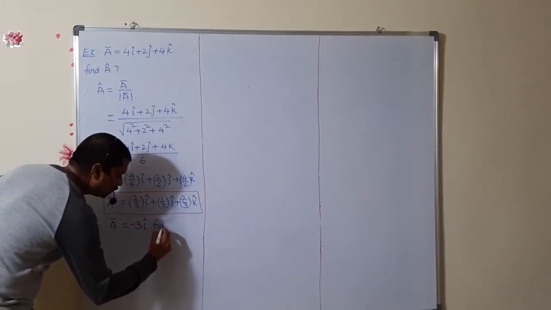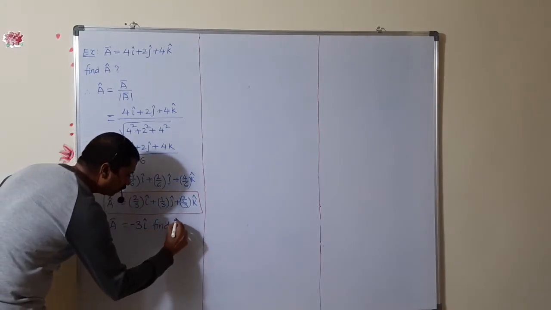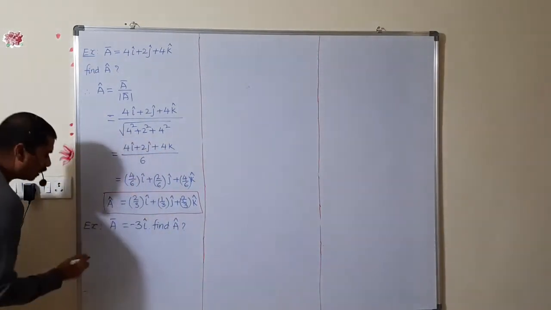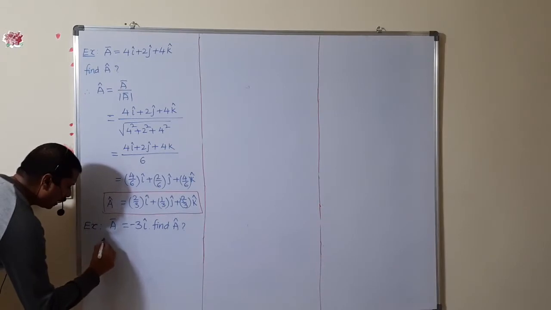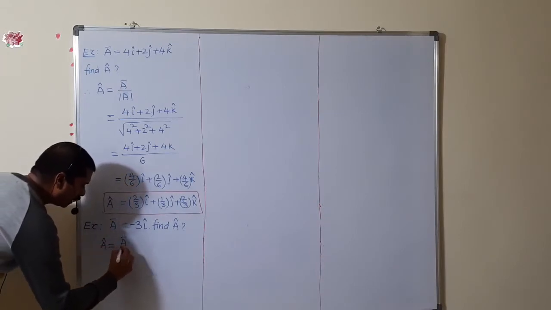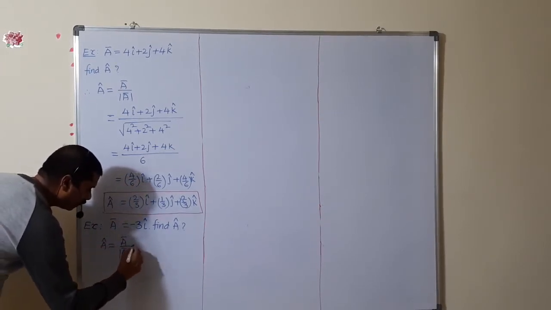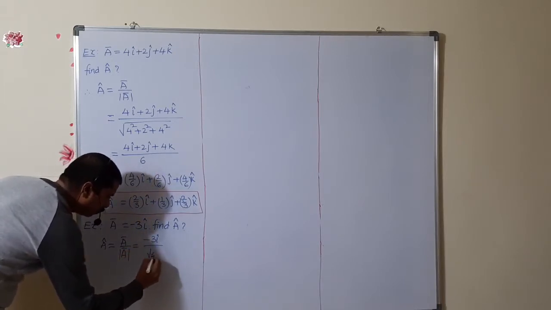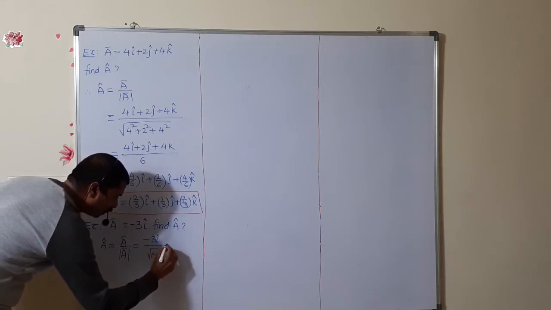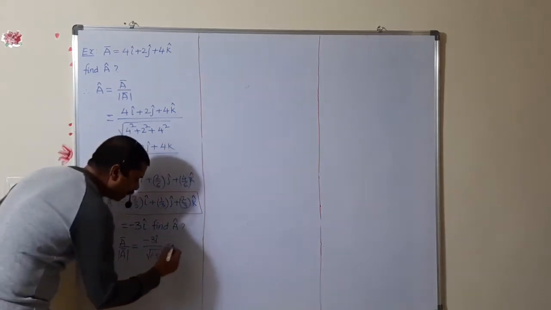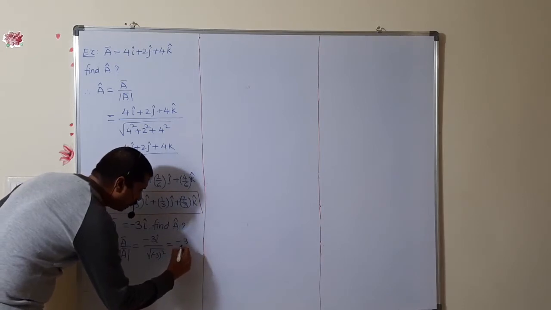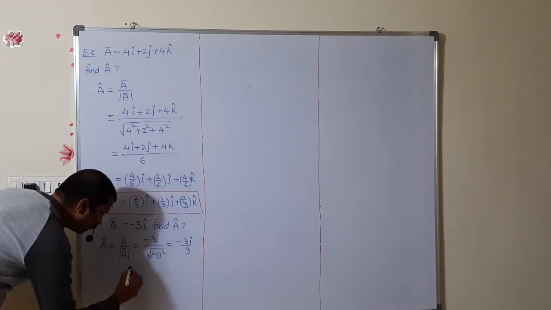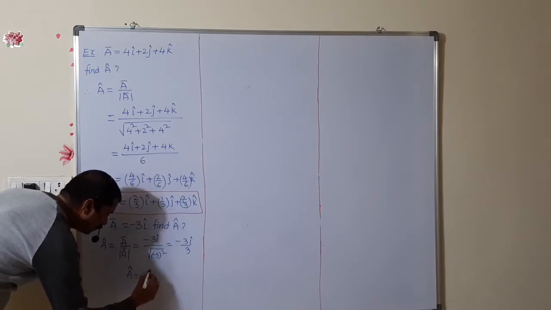It is a one-dimensional vector, where only x is there. Find A cap. The unit vector is equal to vector A upon mod of vector A. Minus 3i cap over the square root of minus 3 whole square, which is 9, and the root of 9 is 3. Now minus 3i cap upon 3. Therefore the unit vector is equal to minus i.